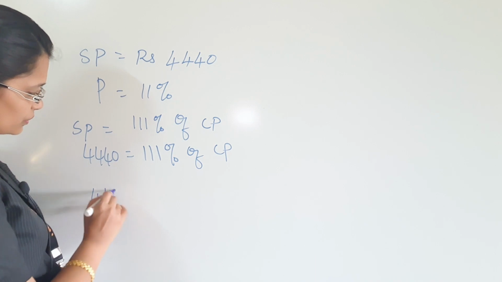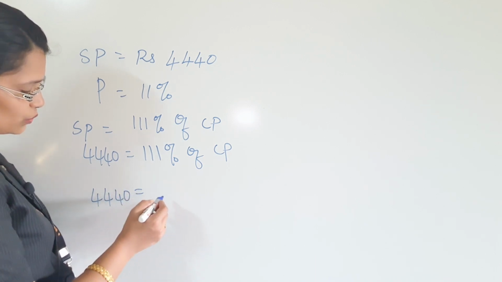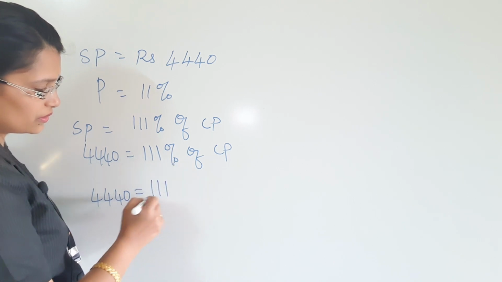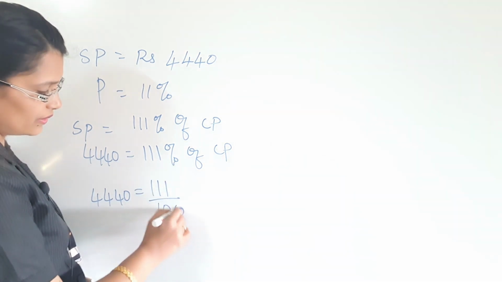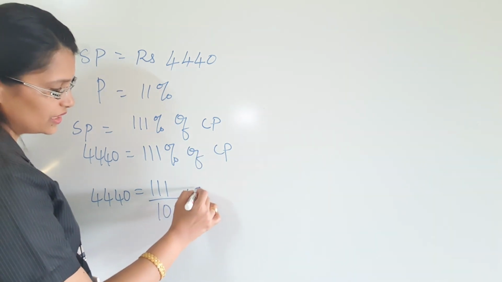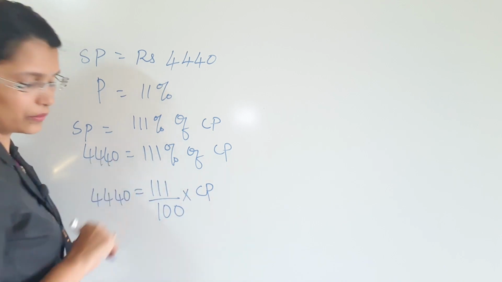That means 4440 is equal to 111%. How to remove this percentage symbol? Divided by 100 of CP, of denotes multiplication. CP we have to find out.